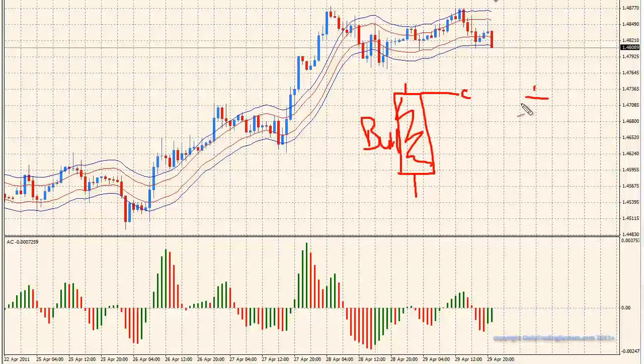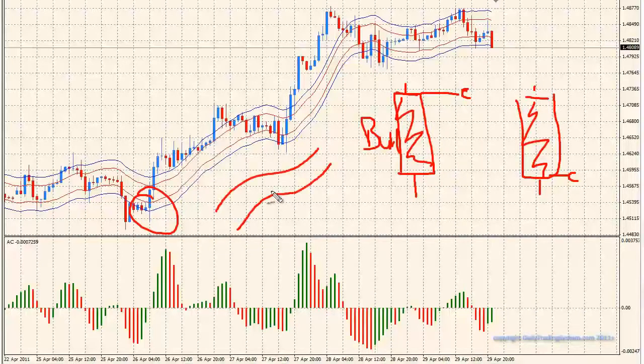If you had a sell trade opportunity, you're looking for a red candle according to my template, and the close will be down the bottom. So this is a buy trade opportunity, and we're looking for the close to be inside the two lower bands, as you can see right there.